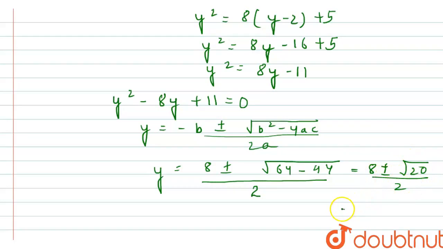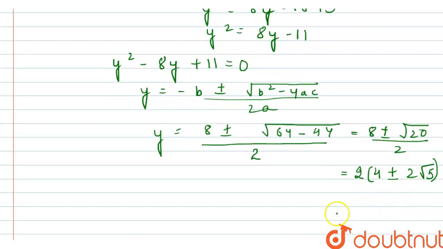Taking 2 common here, I'll get 4 plus minus root 5, because 4 5s are 20, so it's 2 root 5 upon 2. So 2 cancels with 2. So y is equal to 4 plus minus 2 root 5. Let it be equation number 4.